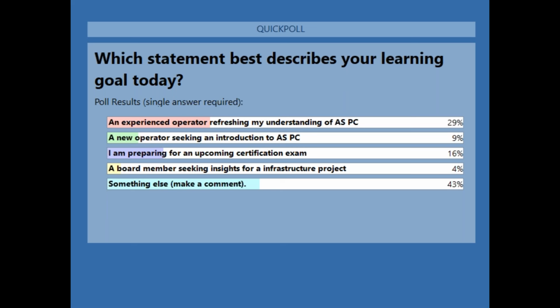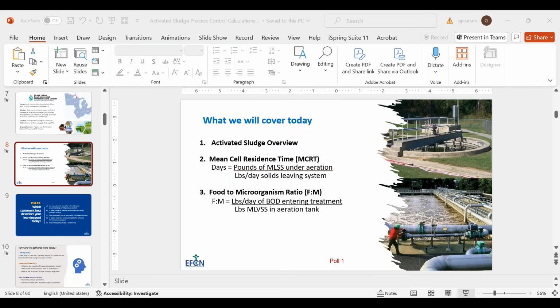They are a new operator, that's 9%. 16% had said that they are preparing for an upcoming certification exam. And 4% had said that they are a board member seeking insights for a future or upcoming infrastructure project. Great. What a great mix of attendees today. We're glad you're all here.